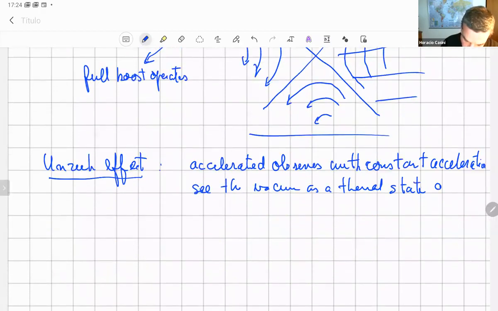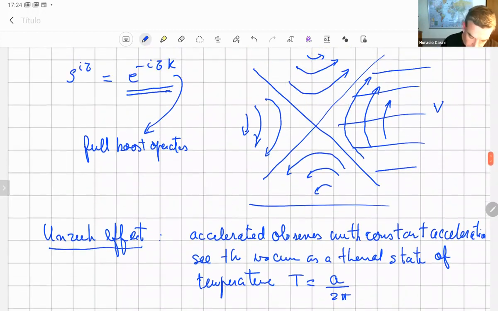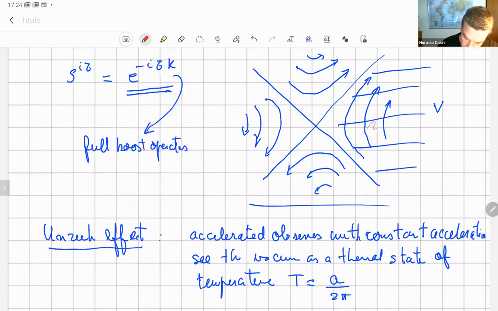of temperature T equal to acceleration over 2 pi. And we can show this very simply, because suppose that you have an accelerated observer with constant acceleration, it will describe one of these orbits.